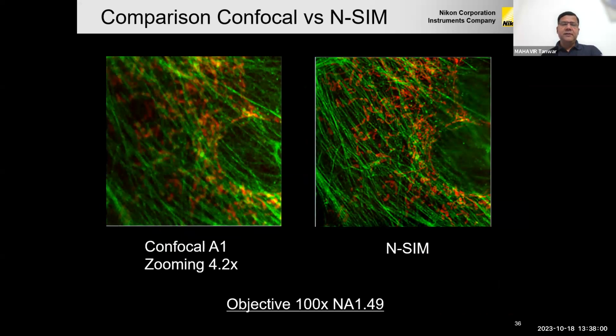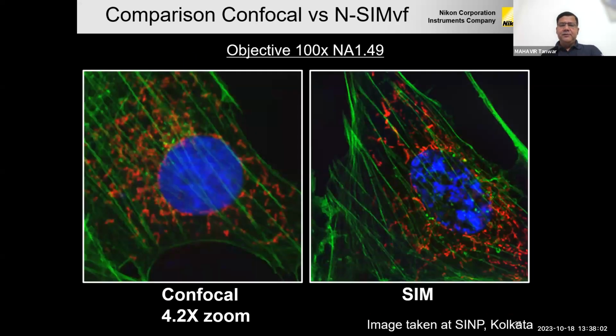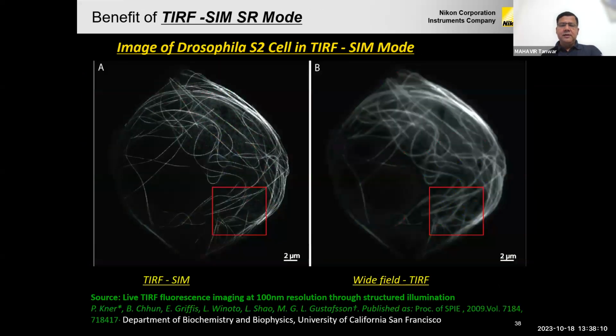Nicely resolved filaments. Left confocal and right SIM, again very nicely resolved. Even the DAPI is resolved quite well. And left and right side is a widefield, TURF, and left-hand side is TURF SIM. Nice.